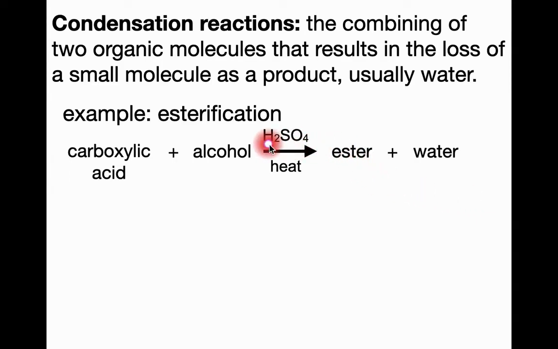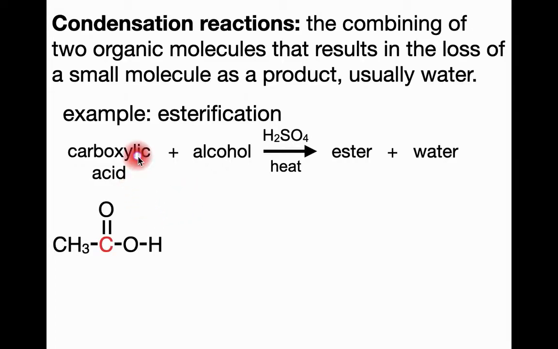The catalyst is sulfuric acid and heat. And again, I think I mentioned this before, this is a reaction that you would have done in class. You would have picked a certain carboxylic acid, a certain alcohol, heated it up, added some sulfuric acid to create an ester that would have a particular fragrance.